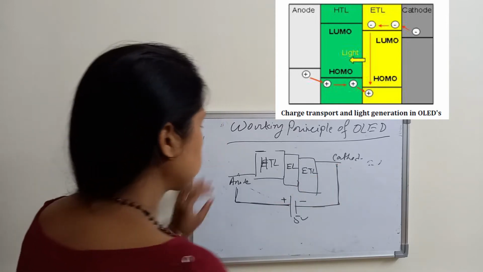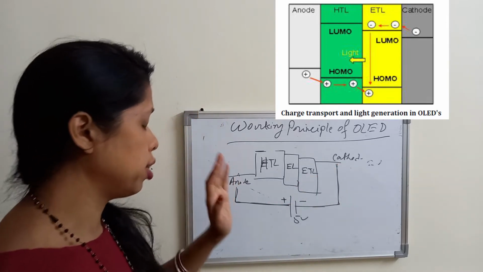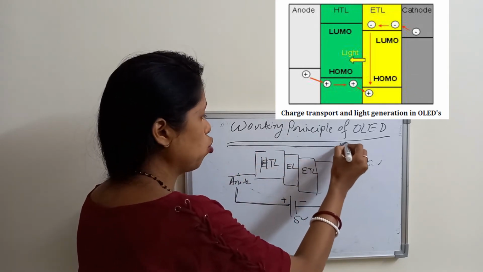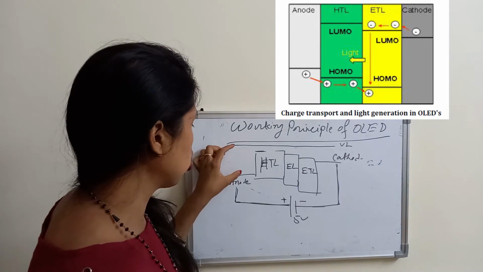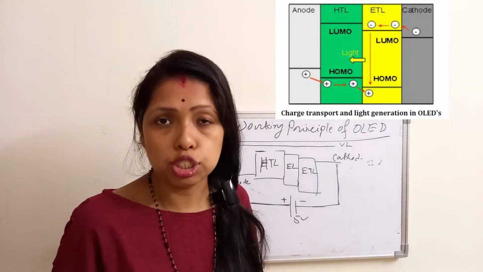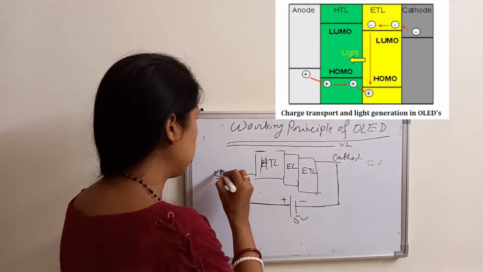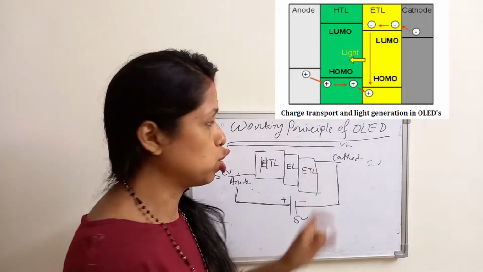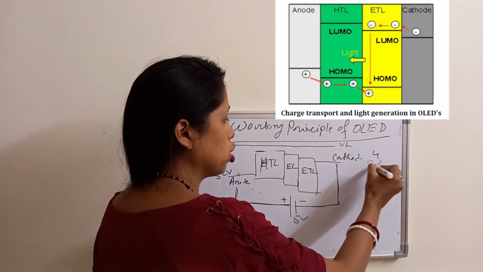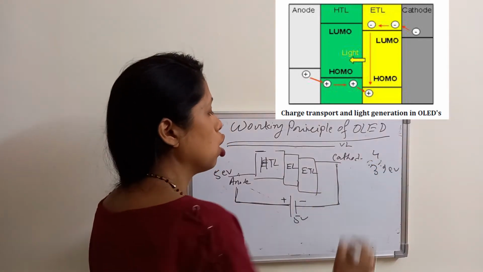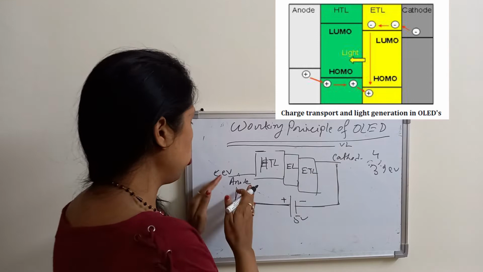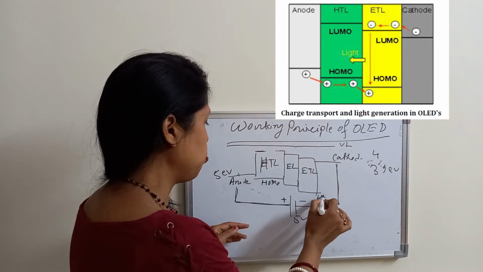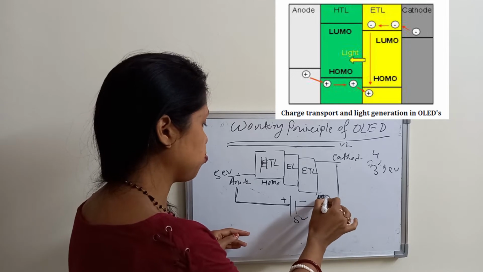So the positive voltage I am applying at the anode side, and negative voltage at the cathode side. Now, one thing I told last class, the work function. Suppose this is the vacuum level. The work function of the anode should be as high as possible, like 5 electron volt. For the cathode, it is as low as possible, 4 or 3.9 electron volt. This is the HOMO level and this is also the HOMO level.